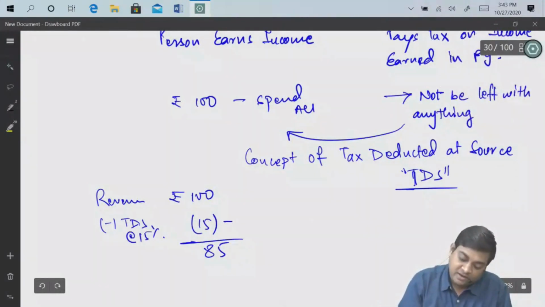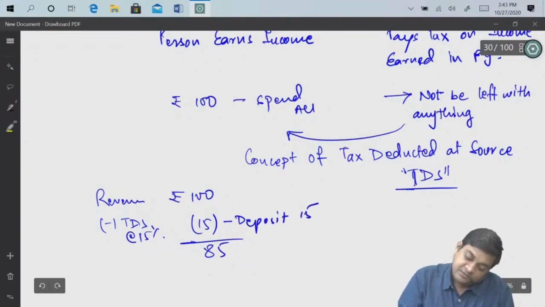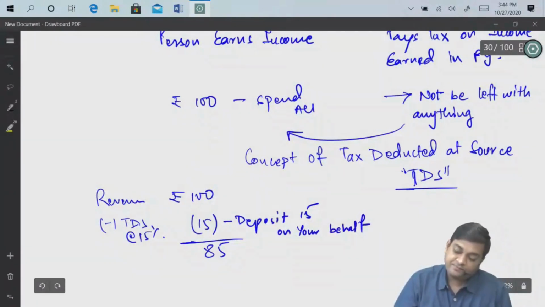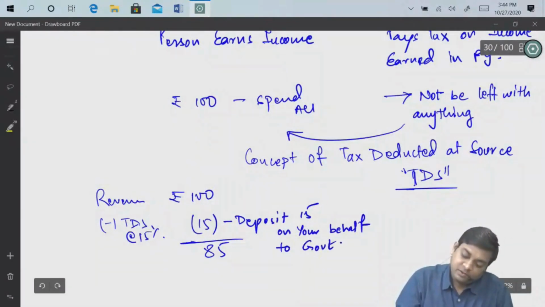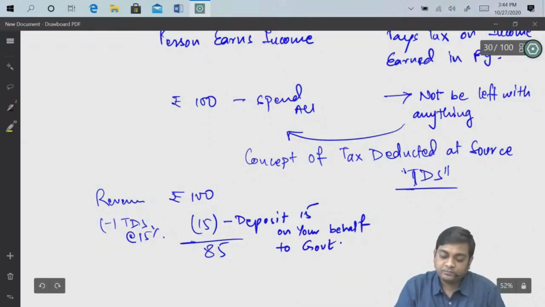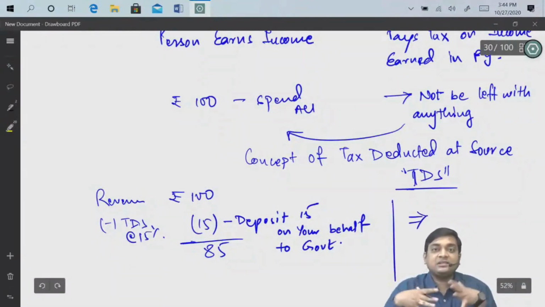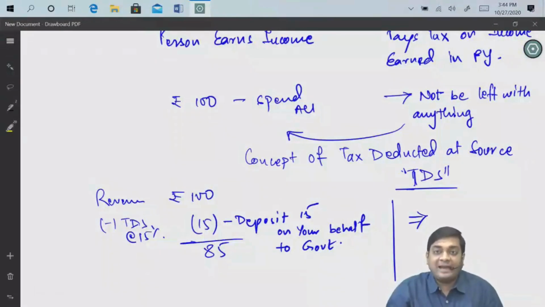He gave you 85, deposit 15 on your behalf to government. So in the assessment year, you won't face much problem while paying off the tax, right?